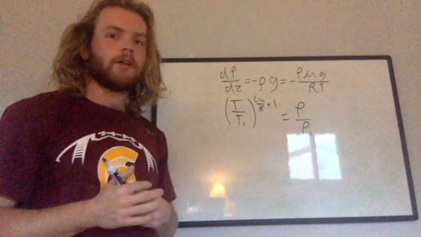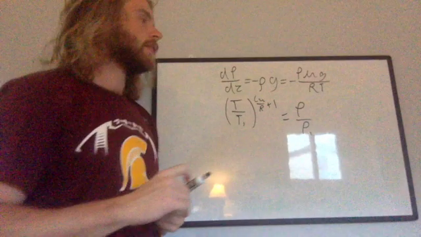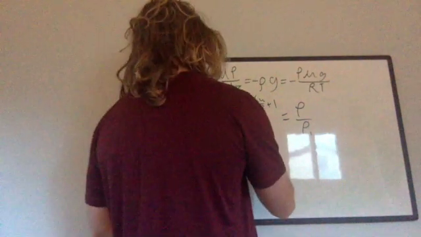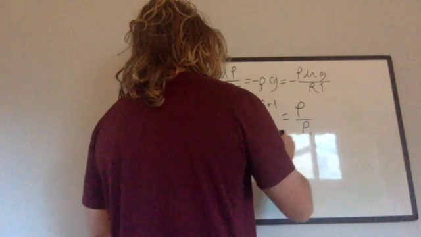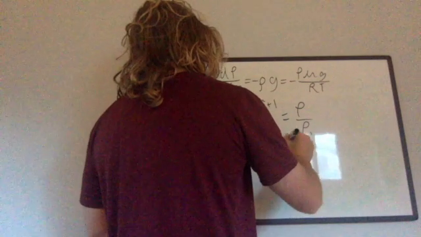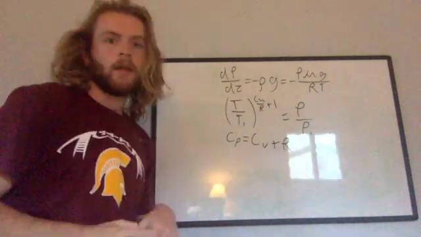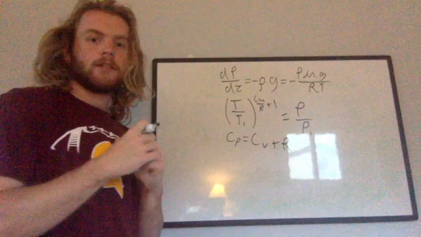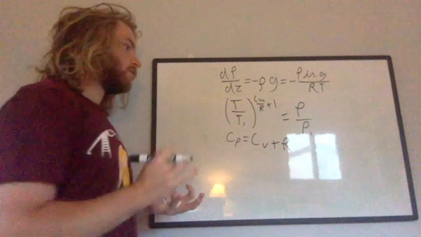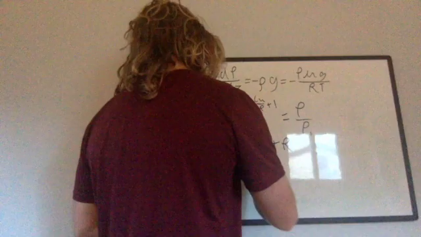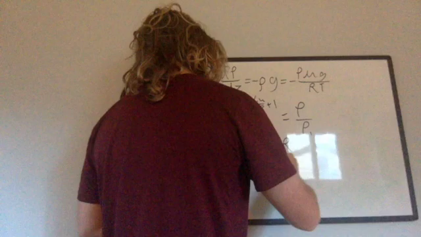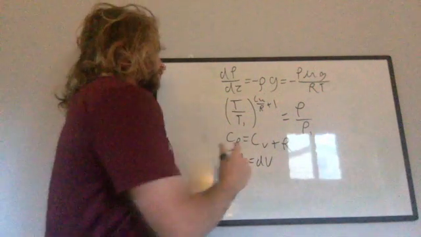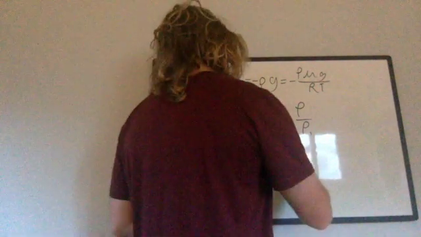And the way that we are going to be doing that is we are going to be saying that the specific heat capacity at a given pressure is going to be equal to the specific heat capacity at a given volume plus our ideal gas constant. And the reason that we can say this is because this is an ideal gas, which means that the change in enthalpy is going to be equal to the change in the internal energy right here, plus the ideal gas constant multiplied by the change in temperature.